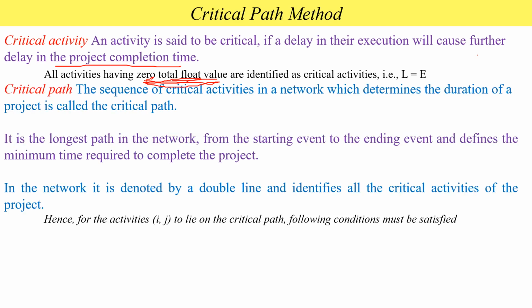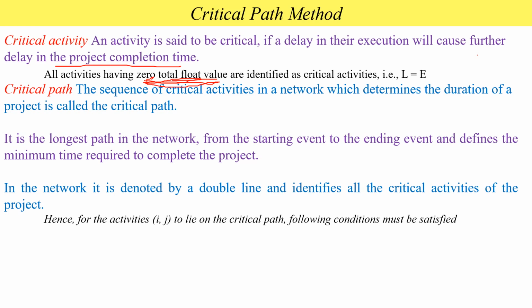Next, the critical path is the sequence of critical activities in a network. It determines the duration of a project. So the critical path is the sequence of all the critical activities, and this critical path determines the duration of the project.